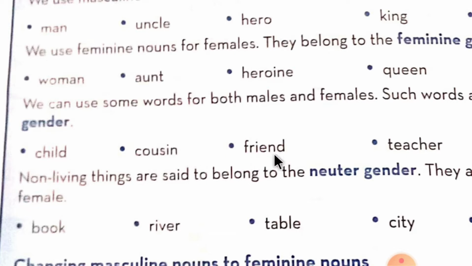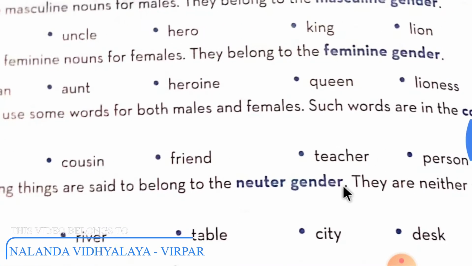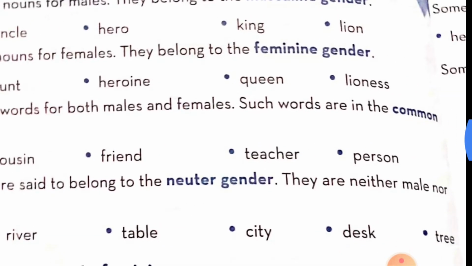Friend: you have a boyfriend and a girlfriend. Teacher: there are gents teachers and lady teachers. So this word is also used in common gender, and even person, meaning man or woman, is also used in common gender.